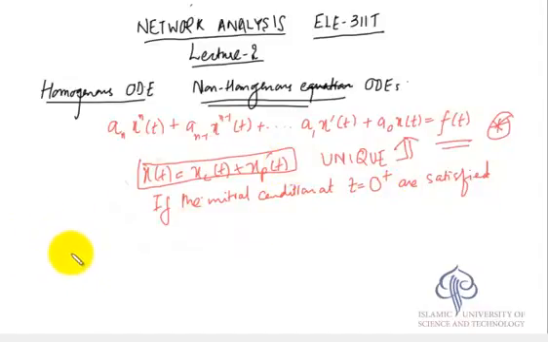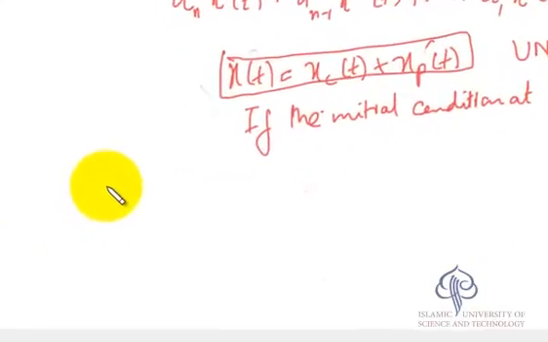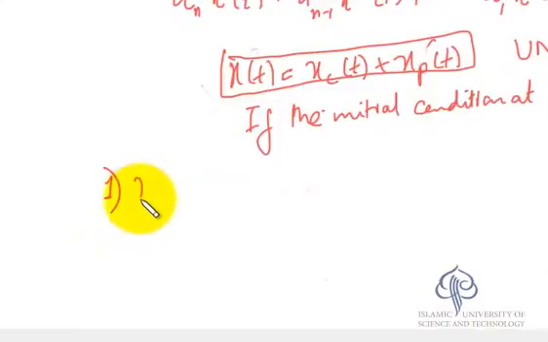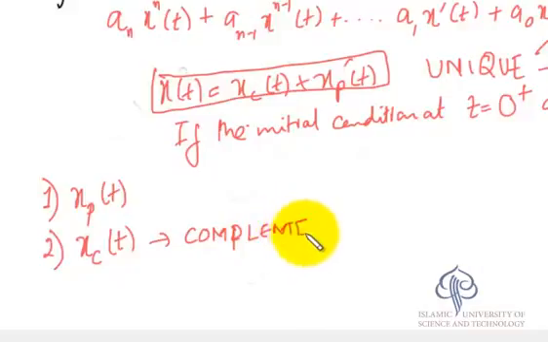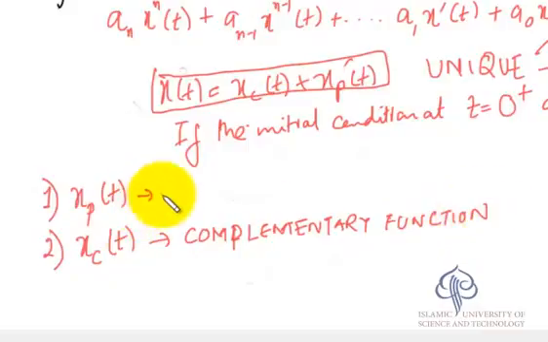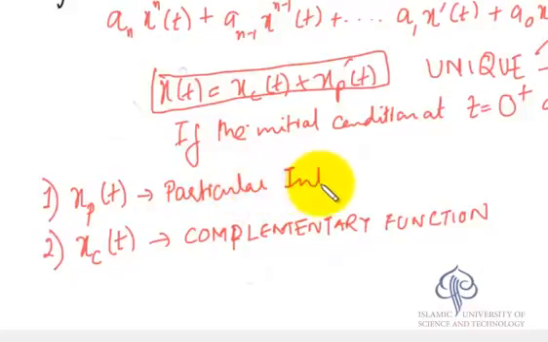So what are the steps required to solve the non-homogeneous differential equation? Number one, we find the particular solution x_p(t). Number two, we find the solution called x_c(t), which is called the complementary function. This is the solution to the homogeneous counterpart of the differential equation which we are trying to solve. The particular solution is also called the particular integral.